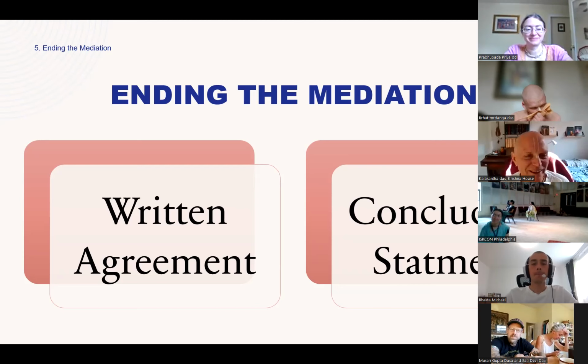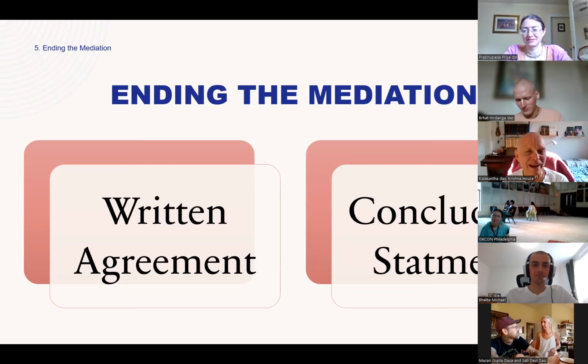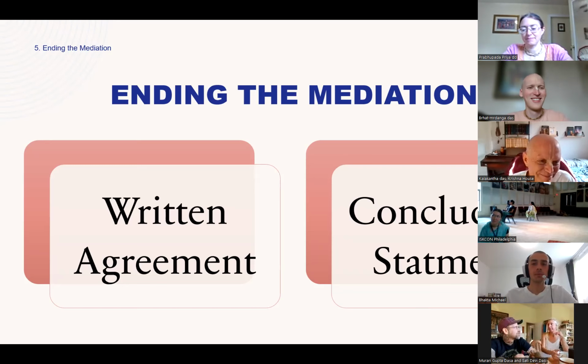Don't make the mistake, the Orlando mistake. Not only do they have to write it down, they have to sign it. Everybody has a copy. Otherwise you're cooking the offering, but you're not offering it to the deities.